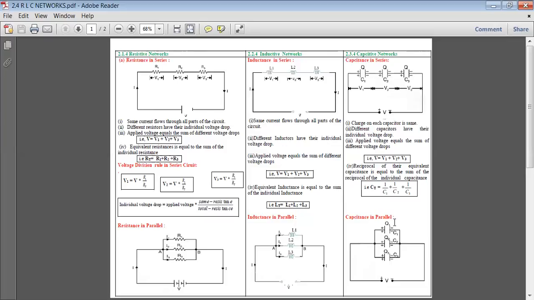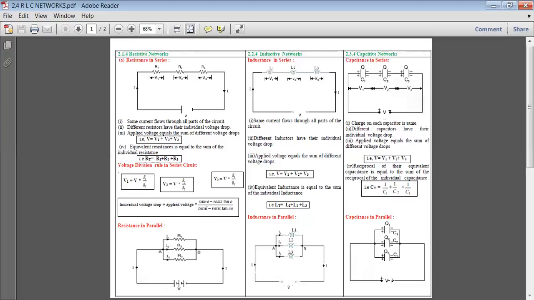Now come to capacitance in parallel. Connect C1, C2, C3 in parallel such that we get a junction. Now the charges will be different, Q1, Q2, Q3. Then apply voltage.